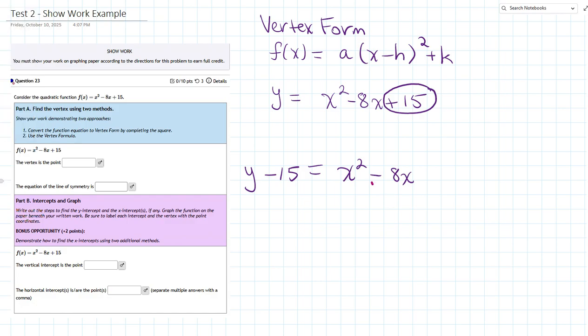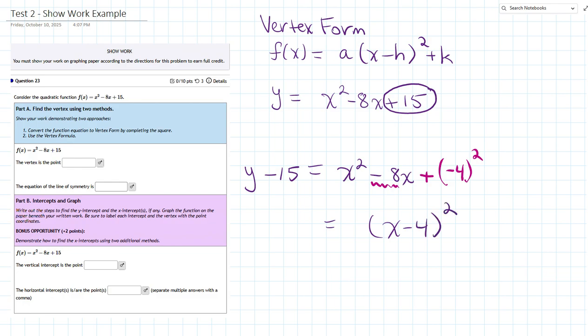I take half of the middle term's coefficient, which is negative 8. Half of negative 8 is negative 4. I'm going to add negative 4 squared to make this a perfect square trinomial, which then will factor to x minus 4 quantity squared.